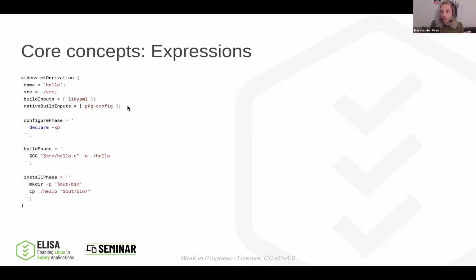Package config, because we need to find the libyaml at build time. And then you define the imperative build steps to build GNU hello, right? So Nix ensures the environment is set and reproducible, and then the individual build steps are still imperative.